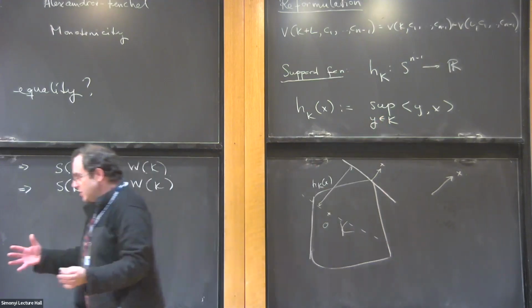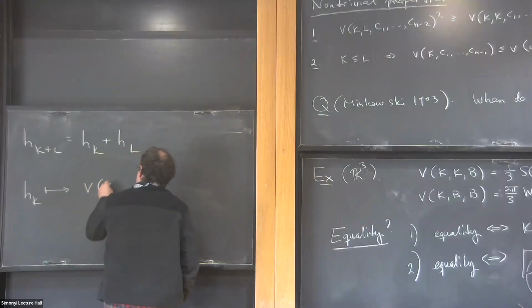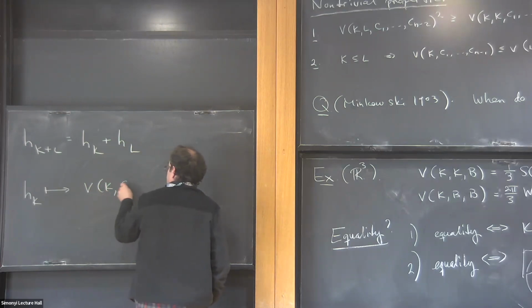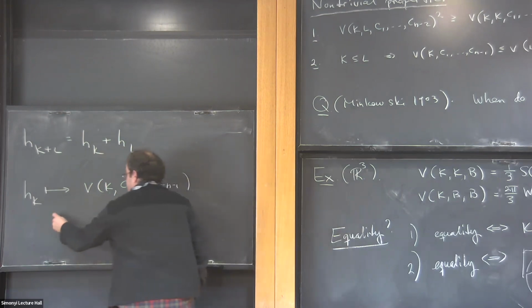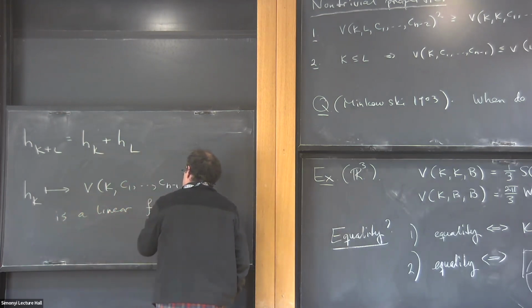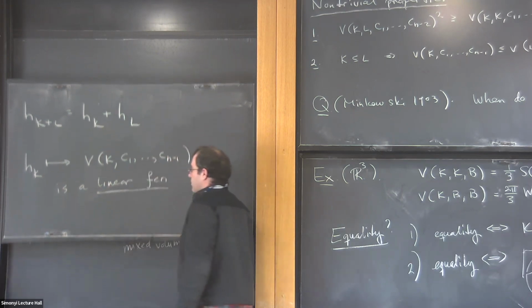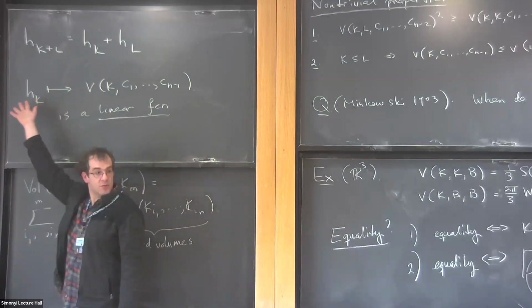So this is a representation of convex bodies that's itself additive, which means that if I fix n minus 1 bodies and I view the mixed volume just as a function of K, this mixed volume can be viewed as a linear functional on the support functions.